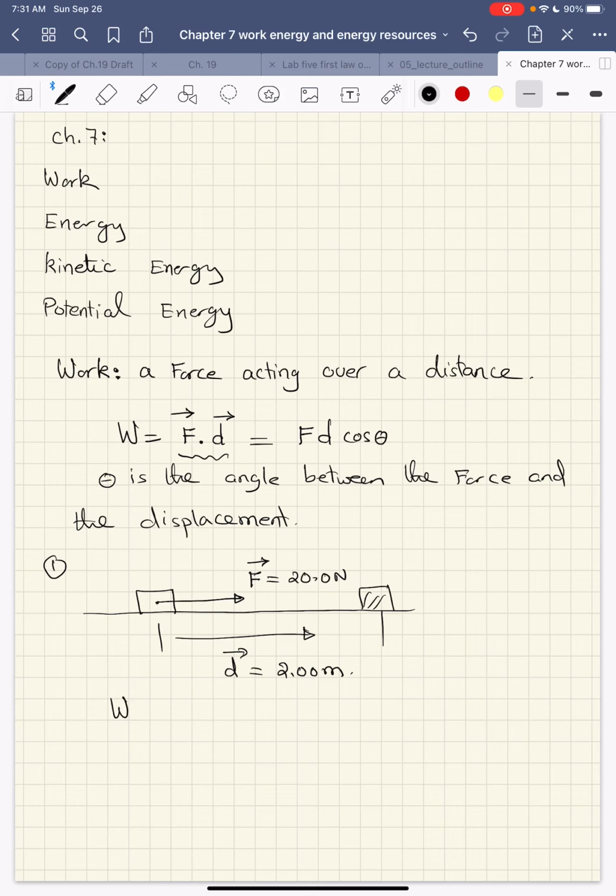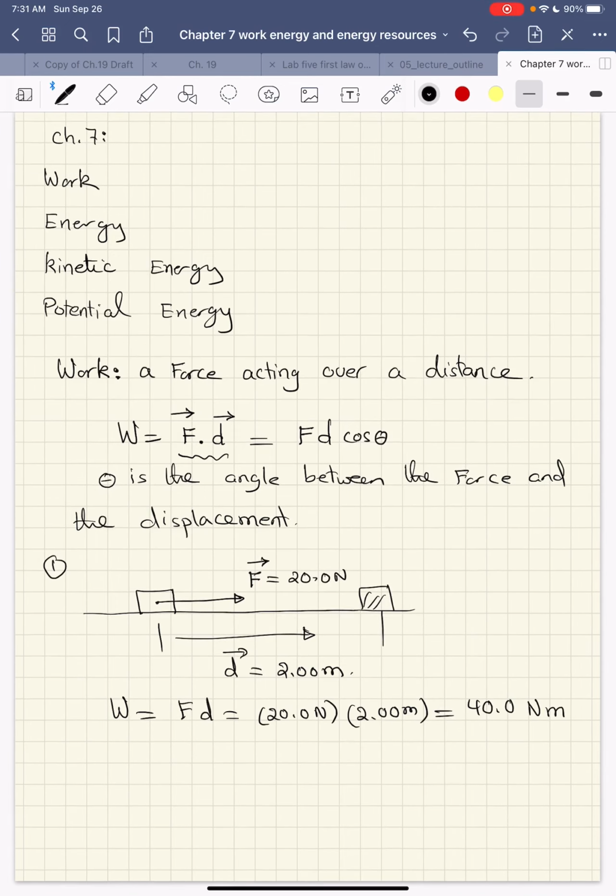Then work here is going to be the force times the displacement, which is 20 newtons times 2 meters, and that is going to be 40 newton meters.